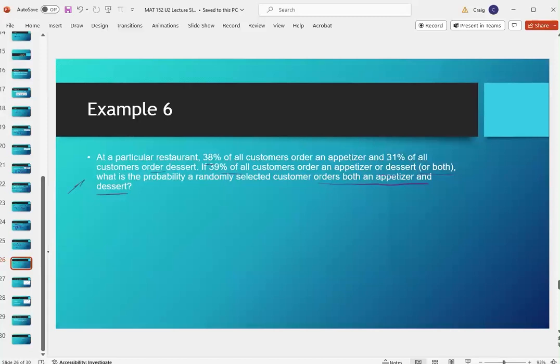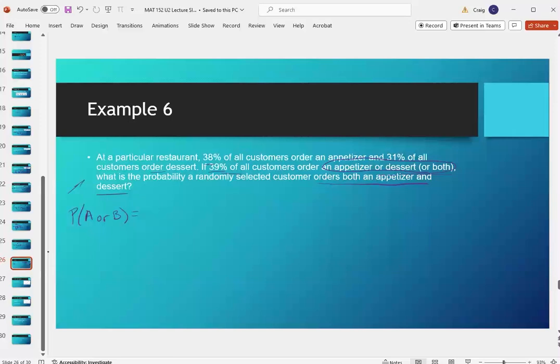So here this is slightly different now. I know I kind of speed read through the questions, but now we know the percentage that is one or the other. Now we know the probability of A or B, which is, in this case, 39%.